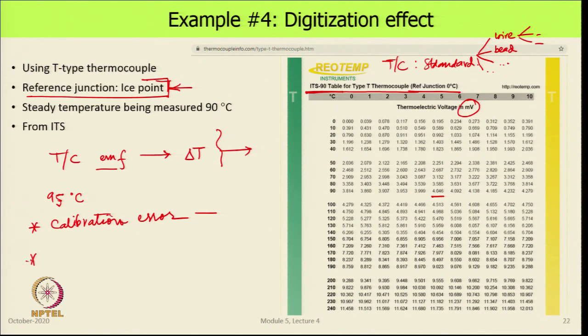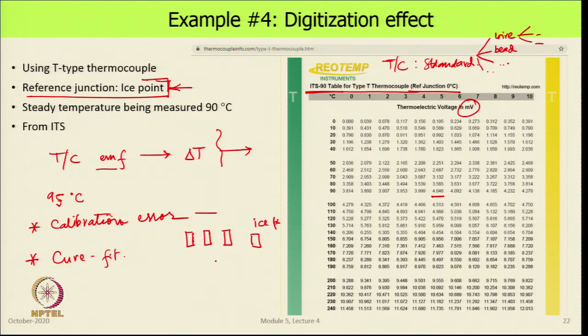The other thing that we could do is take our thermocouple and with whatever we have, make a curve fit. So, we take our thermocouple, and we make 2 reference junction temperatures. One is of course the ice point, and then we use say the boiling point of water and the boiling point of alcohol or some other material.